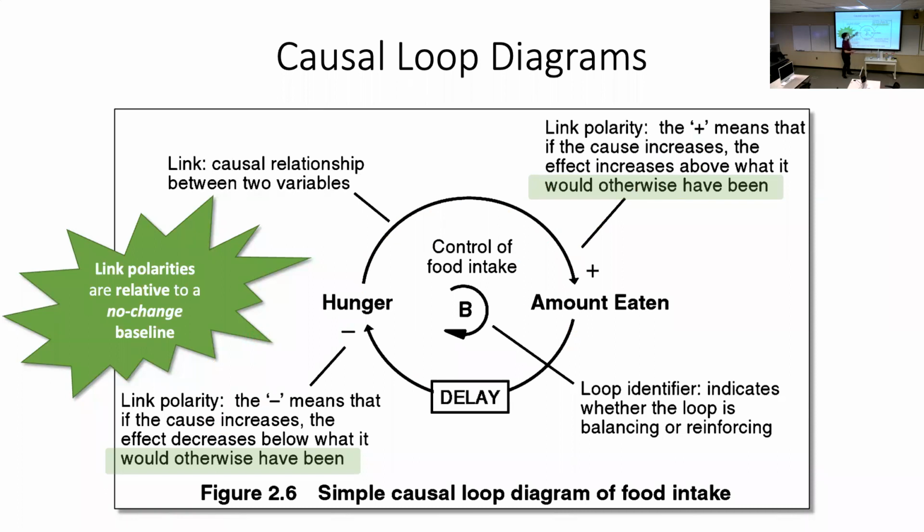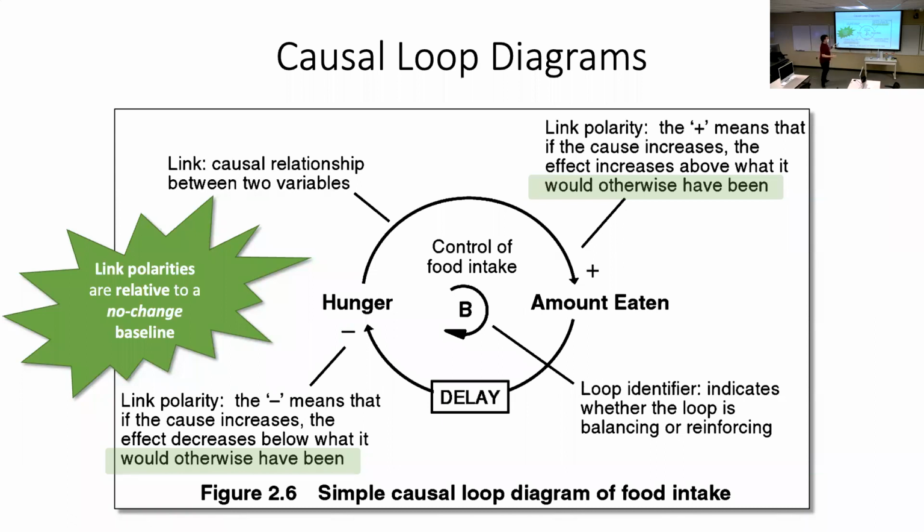If I had an increase in hunger, I would get an increase in amount eaten. So that's why it's the plus. If I had an increase in amount eaten, I'd have a decrease in hunger, and that's why they use the minus. So if that works better for you, always use increase.